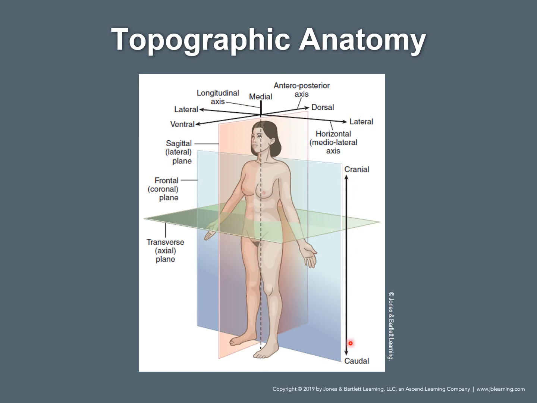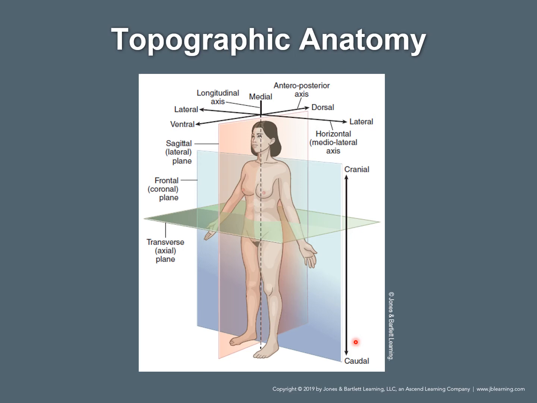If you can guess, what does that mean? That goes along with your transverse or axial plane, this green one here, that divides the body at the waist into top and bottom halves. So above this is going to be the cranial portion, and below this is going to be the caudal portion.